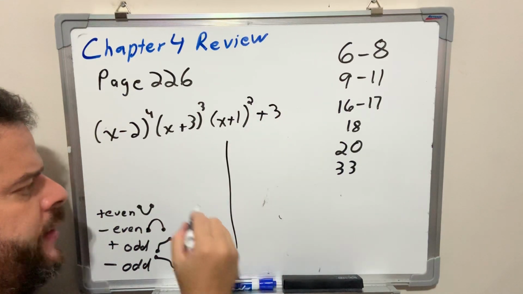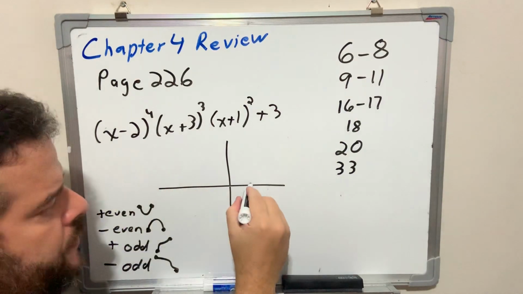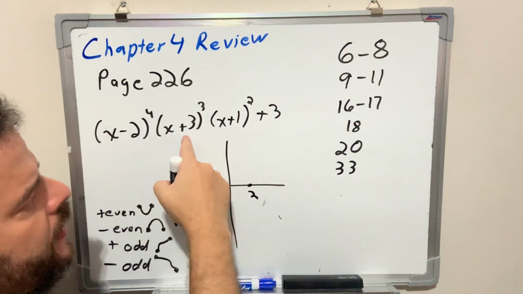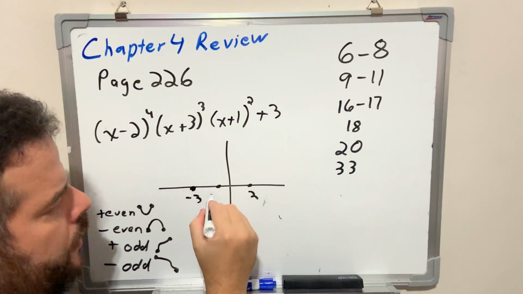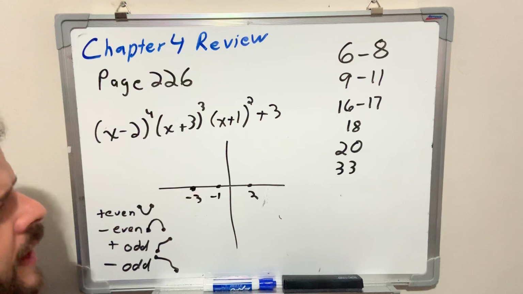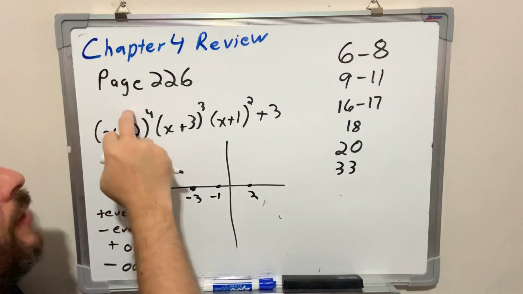Again, coordinate axis, list my zeros: positive 2, more or less here, negative 3, more or less here, negative 1, more or less here. Now, after you place your zeros, again, we're going to look for the degree.